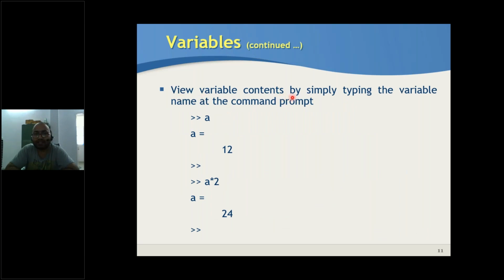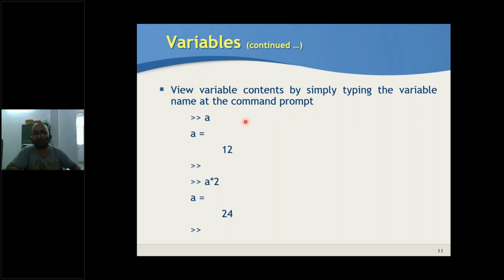Now, view variable contents by simply typing the variable name at the command prompt. Suppose you have written 100 lines of commands in the editor window, and you want to access a particular variable, to see what contents are stored in it.